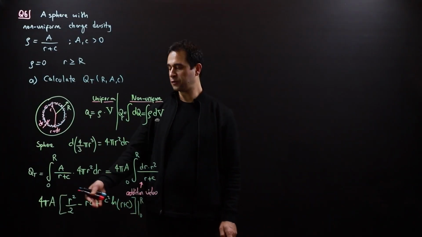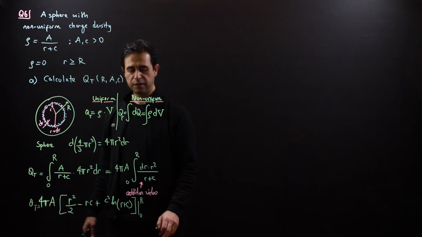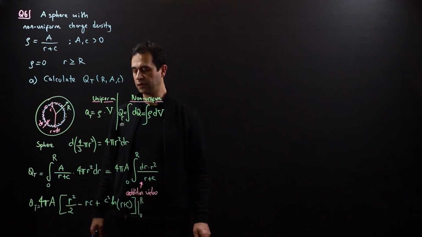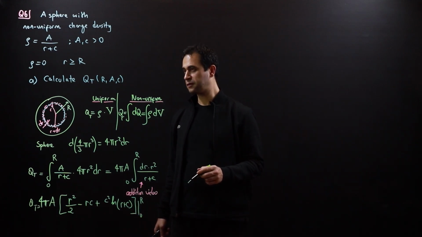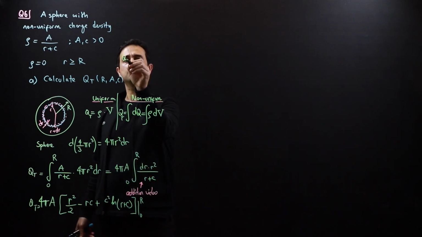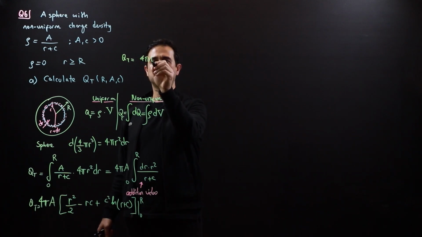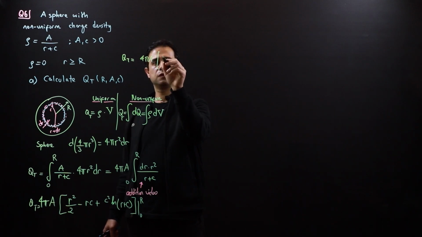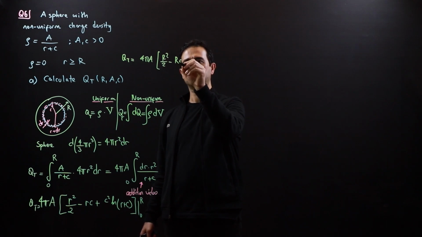And now I'm ready to write down Q total. I'm going to put the upper and lower limits of this integral. So Q total is equal to, I have this term again, 4 pi times A. If you put the upper limit, that's going to be R squared over 2 minus capital R times c.